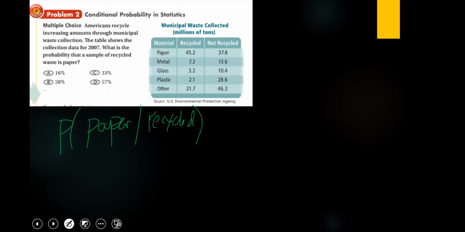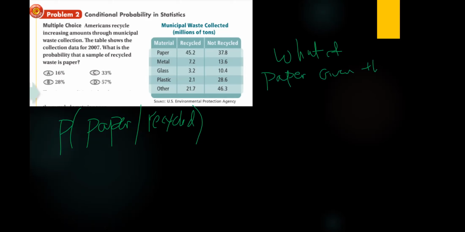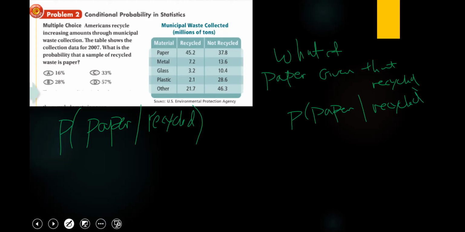If they tell you what is the probability of paper given that recycled, it's already ordered. You will say it is paper given that recycled. So the word given shows me the order that is correct.